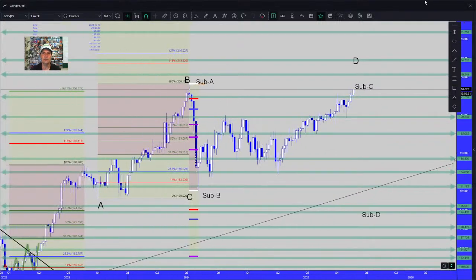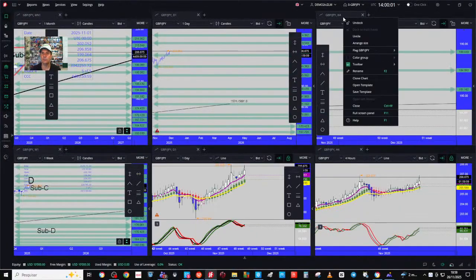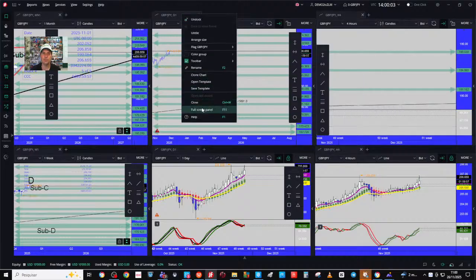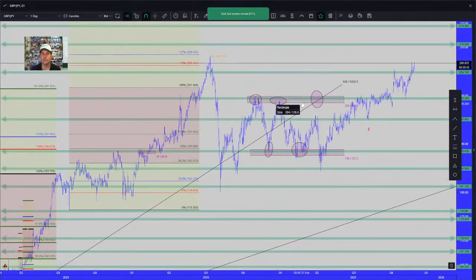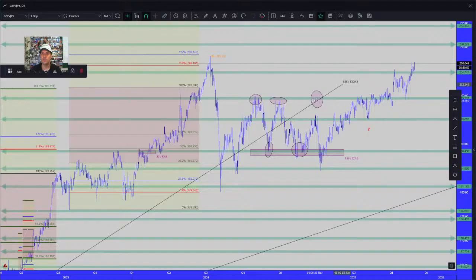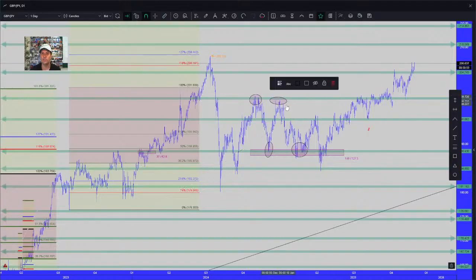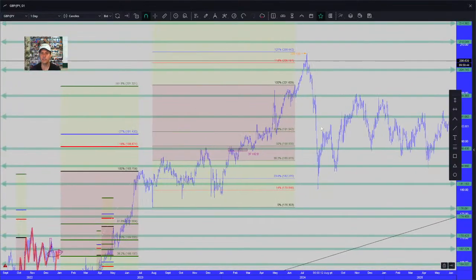Okay, and now let's go to the GBP JPY daily chart. All right, we're going to delete a few things. Delete this one, delete this one, delete, delete, delete, delete, delete. All right, this again, we have the ABCDs, capital A. Give me a second, everybody.